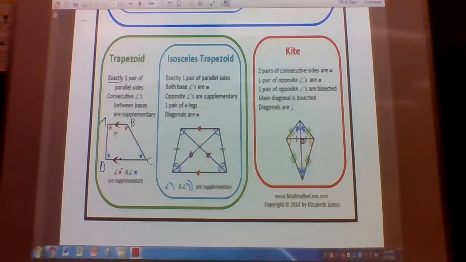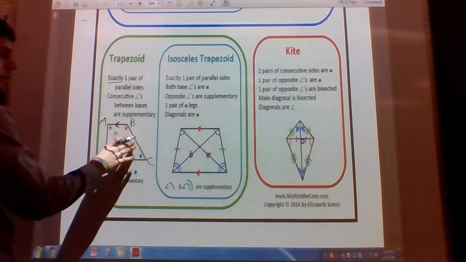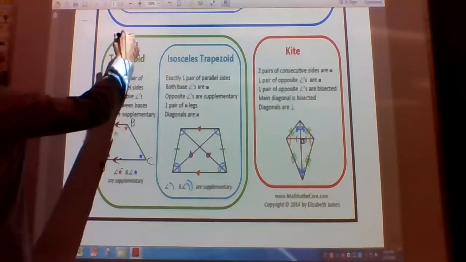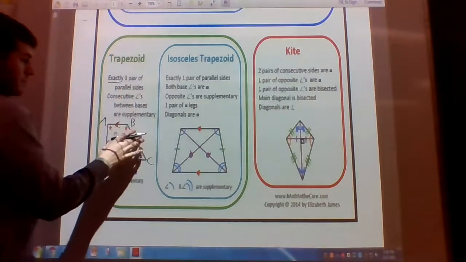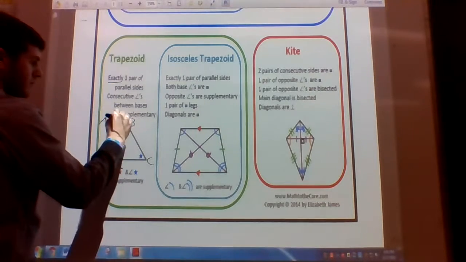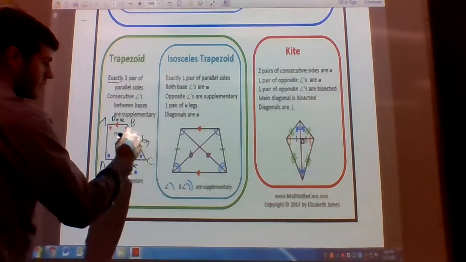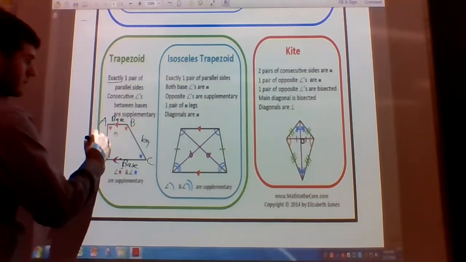That's the defining characteristic. The other property is that consecutive angles between bases are supplementary. I don't think we mentioned it in this video, but in the introduction to quadrilaterals, we talked about bases and sides. So if we have a trapezoid, this is a base, this is a base, and these are legs.